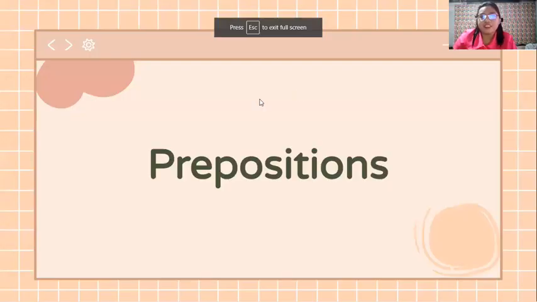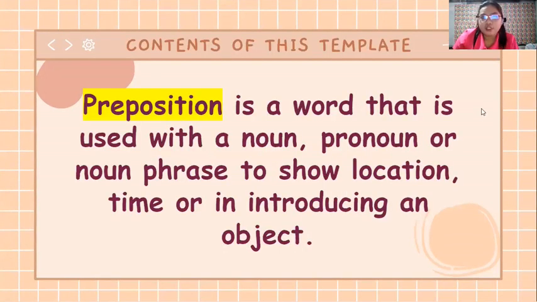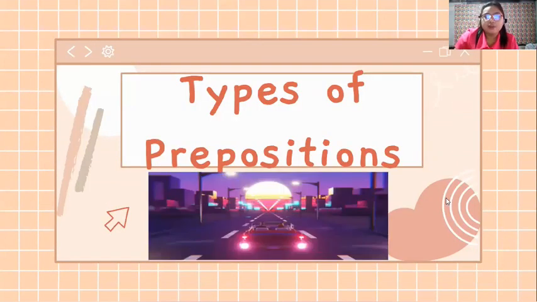Okay, so for today we will be discussing prepositions. A preposition is a word that is used with a noun, pronoun, or noun phrase to show location, time, or in introducing an object.